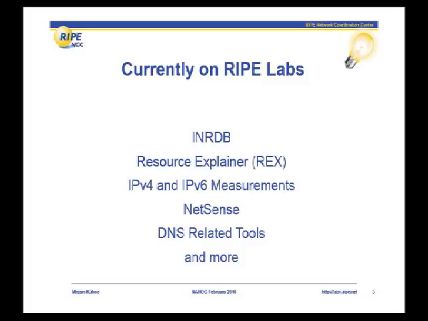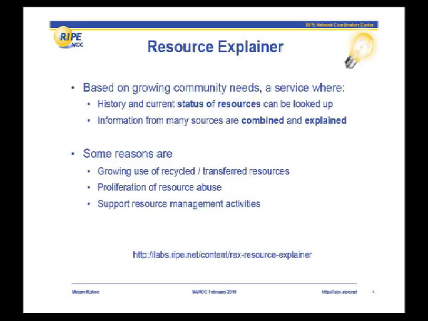I just wanted to briefly give you some snapshots of what's currently on the site, not going into much detail. The resource explainer was presented and demonstrated in detail yesterday by one of my colleagues, René Wilhelms, during the tools track.